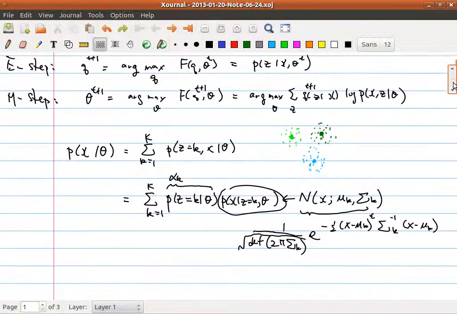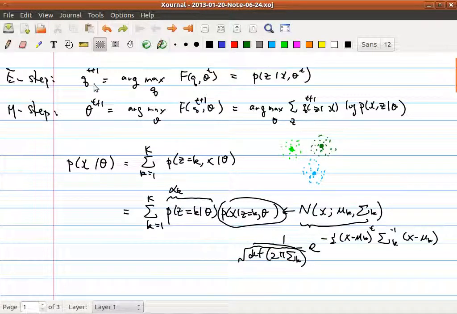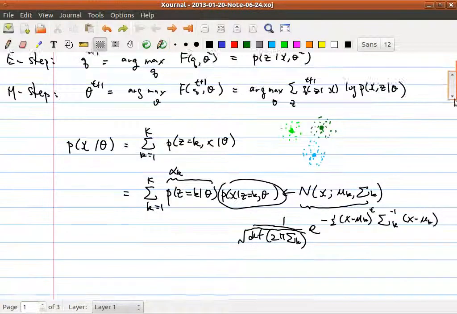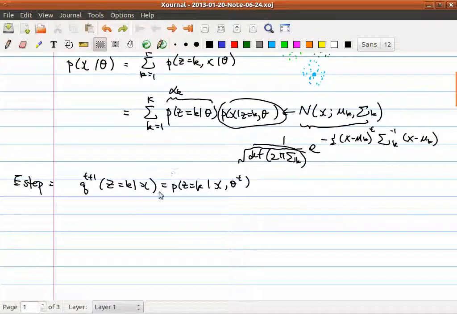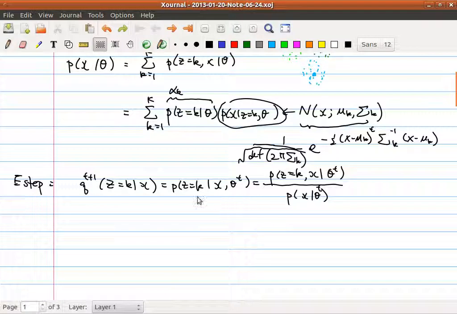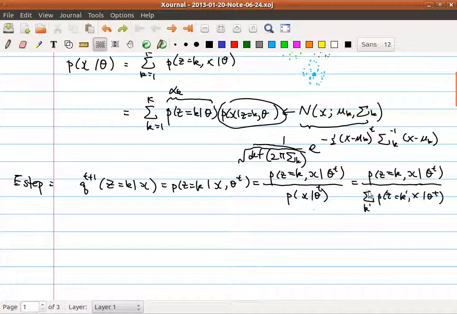Now to do the EM algorithm, let's start with the E step. I want to update Q at the t+1 iteration as p(z given x, theta t), and I've just rewritten the equation here. This p(z given x, theta t) can be written in this form using Bayes rule, and the denominator can be written as this.